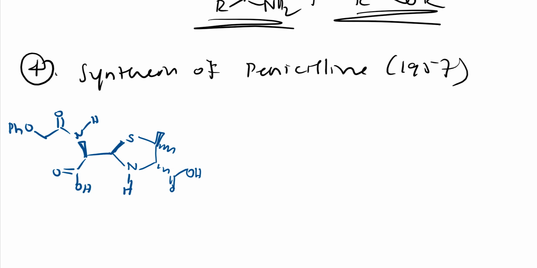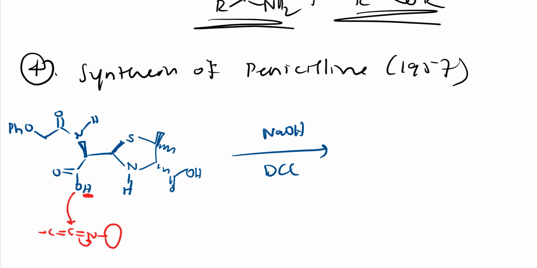To this I will add NaOH. So base I am using, and DCC. Base, I have told, will abstract this acidic proton, and this DCC will make this oxygen a good leaving group by attacking it, right? So this system is made a good leaving group.